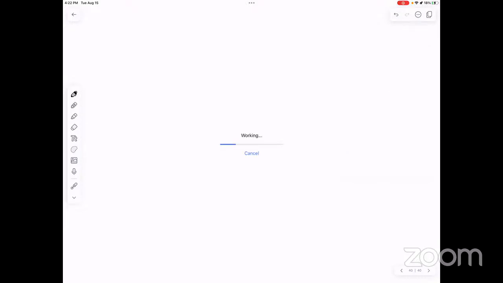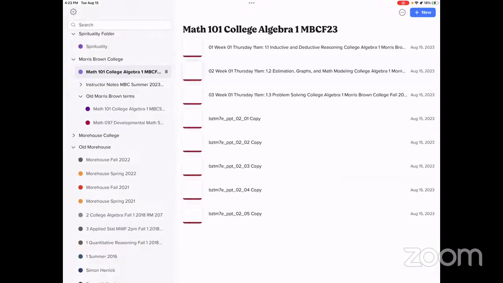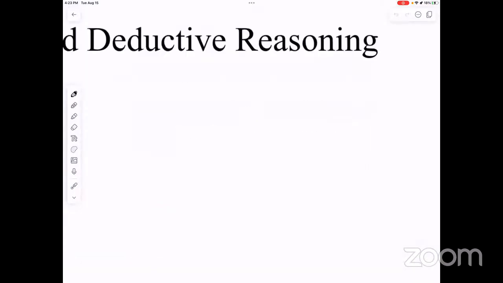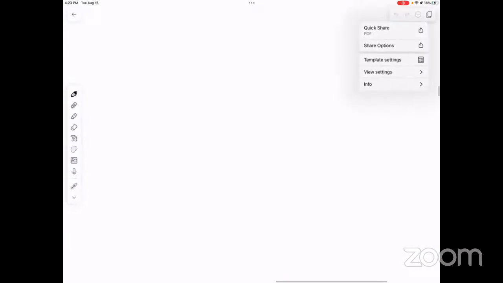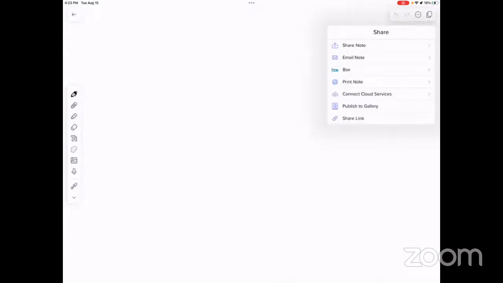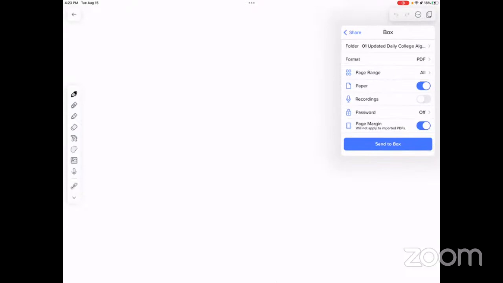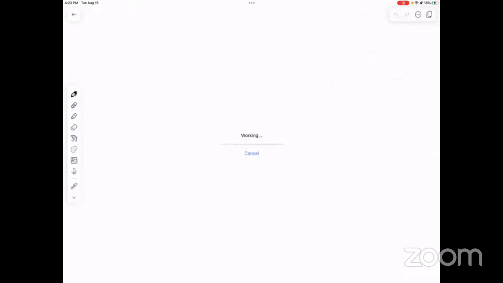And you've basically gotten a copy of any writing that you saw me do. Matter of fact, let me just go ahead and do it now. The first one, I just realized I didn't make it available. So I'm going to go ahead and share, send it to box, and you can go to the same location. So again, when this bar finishes loading, now you'll have a copy of what we did in the previous section along with this section.